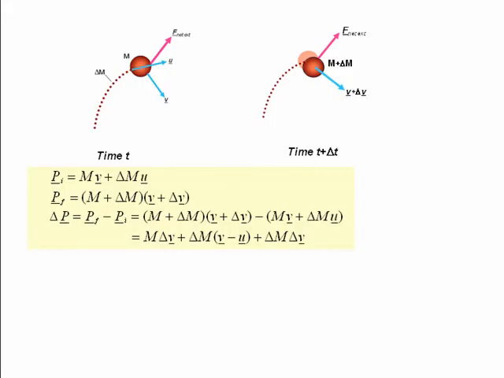Okay, neglecting the term delta m delta v, and now dividing the equation through by delta t, and then letting delta t tend to 0, we will get that the rate of change of momentum with time is just equal to the mass of the object times the rate of change of its velocity with time, plus dm by dt times (v minus u).